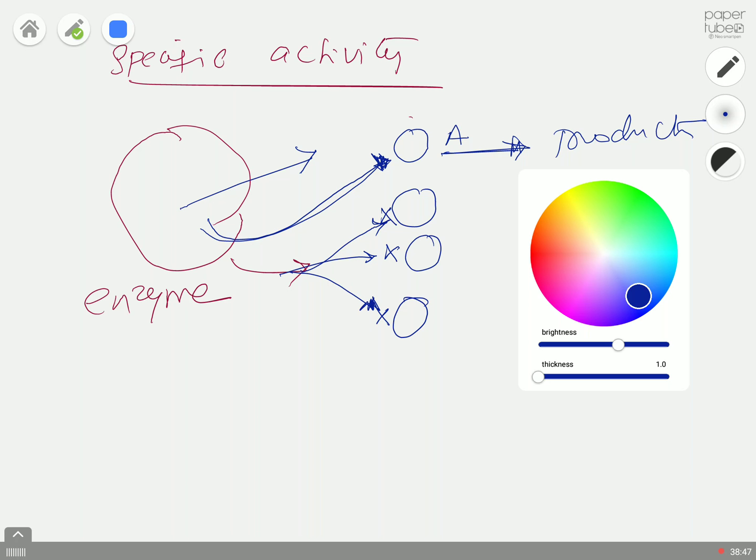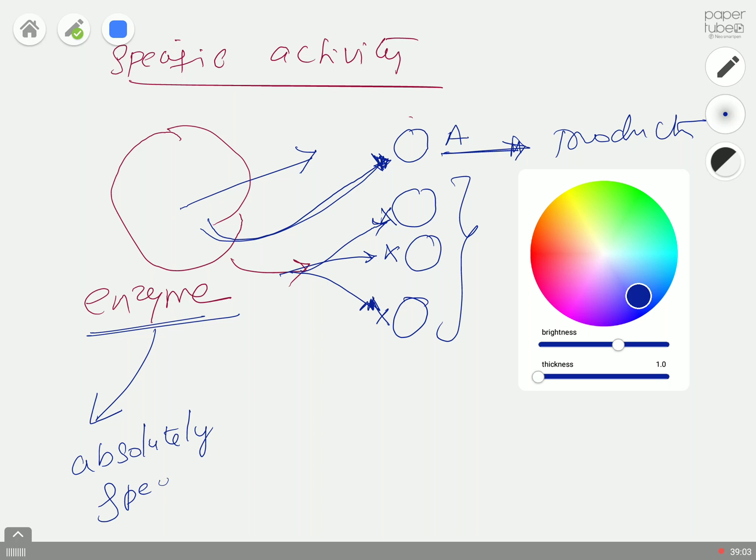So they are so specific, and sometimes we call an enzyme absolutely specific. And sometimes we classify enzymes under group specific.